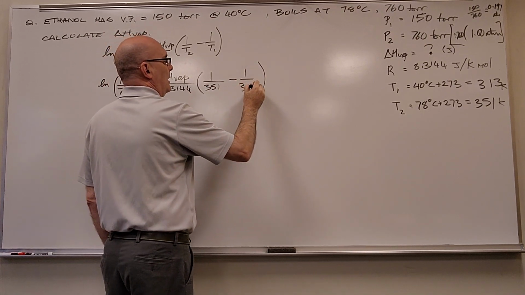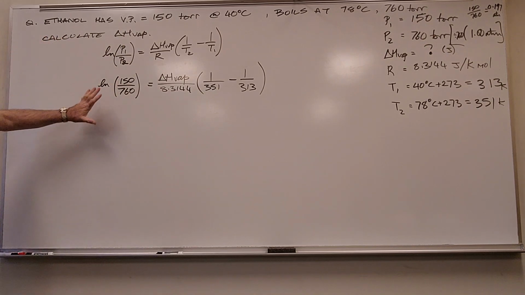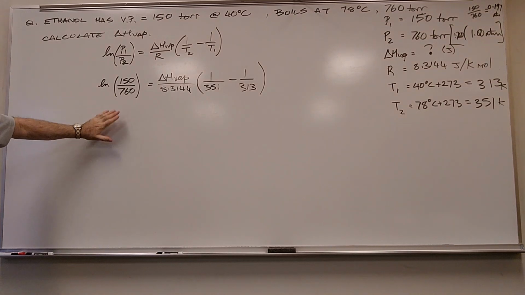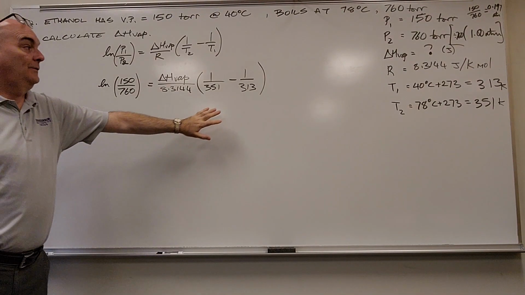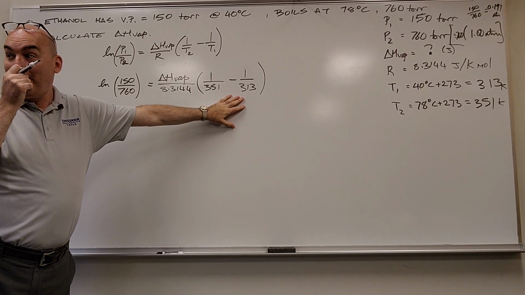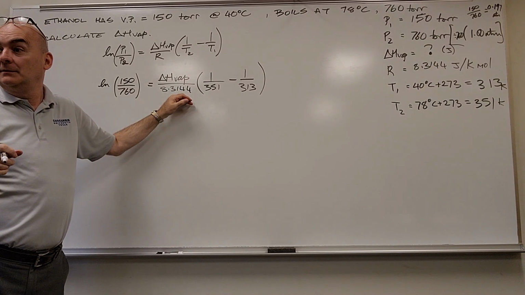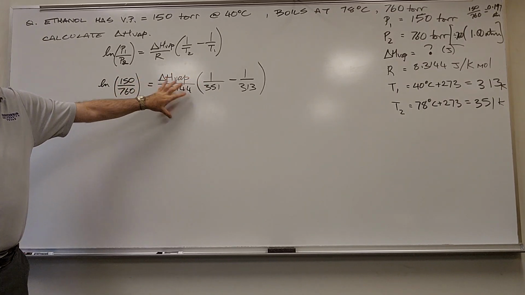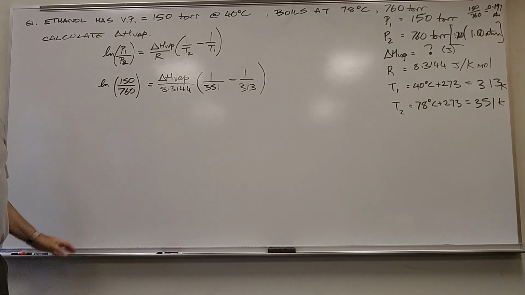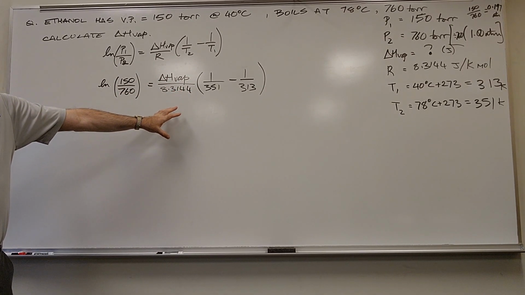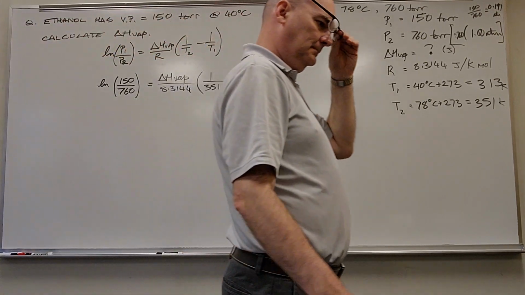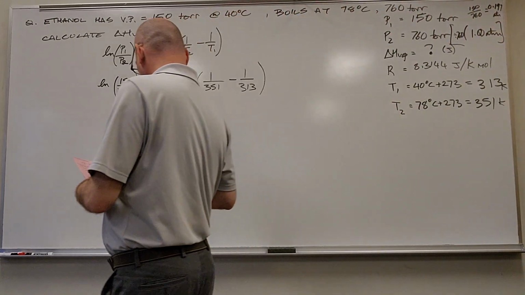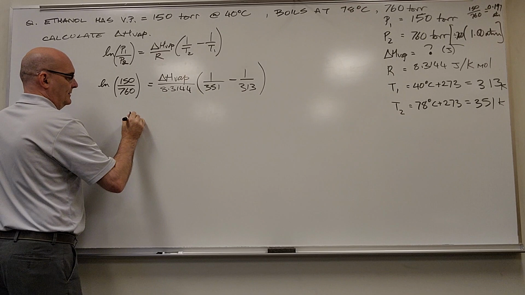Now, you could find that number, take the natural log of that number, find that number, divide it by that number, and then that number equals this new number multiplied by that, and then move that across. Or you could rewrite at this point.